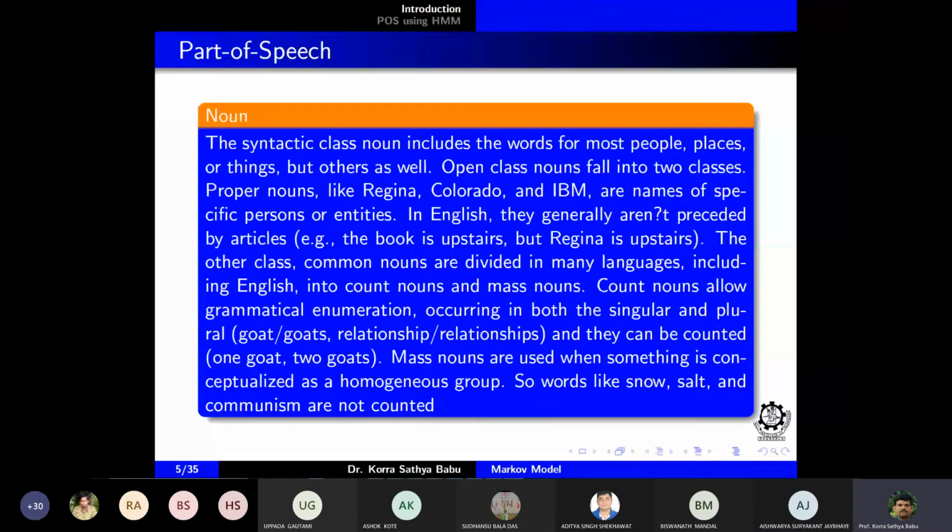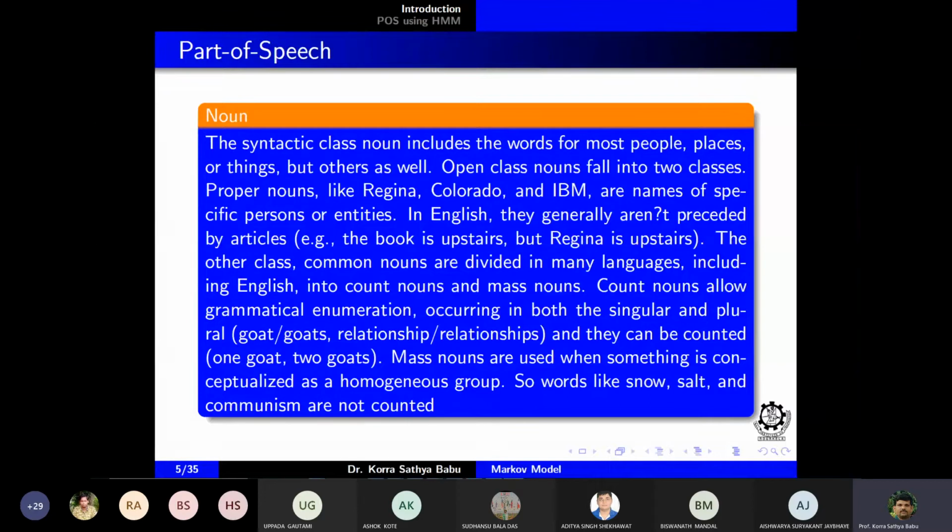Or like the other classes, common nouns are divided in many languages, including English, into count nouns and mass nouns, right? There are different variations of nouns. A proper noun is there, count nouns is there, mass noun is there.